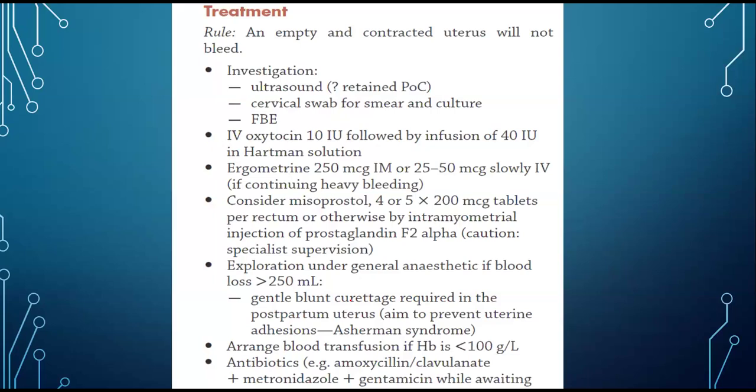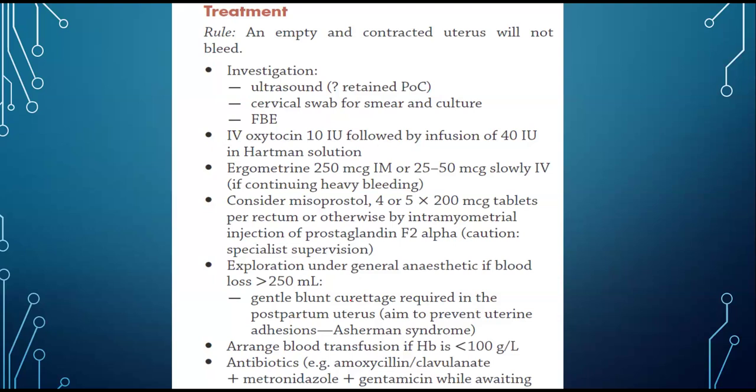So you do an ultrasound, you do some blood tests, and if you suspect infection of the endometrium, the patient will have foul smelly per vaginal discharge. So you suspect endometritis when a patient comes to you with PV bleeding, and they might have a bit of fever, abdominal pain, and a foul smelly vaginal discharge.